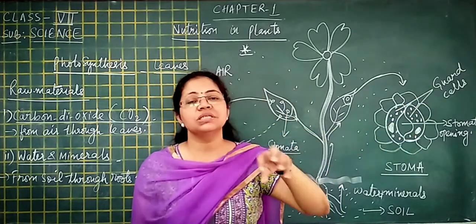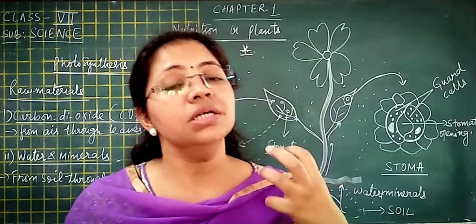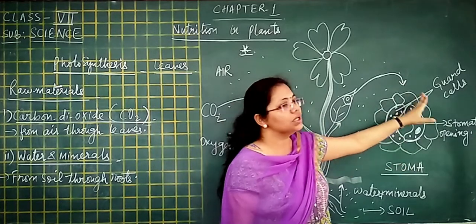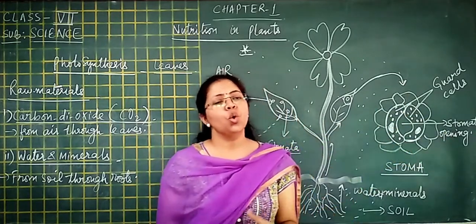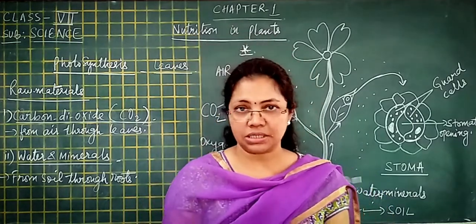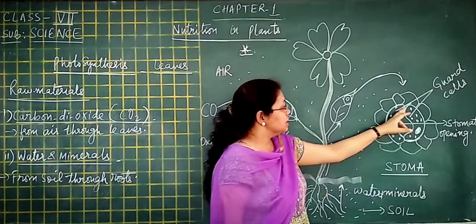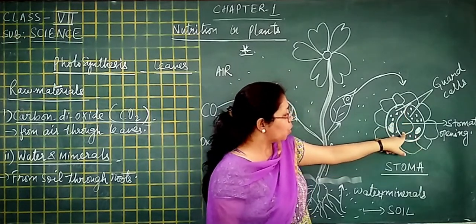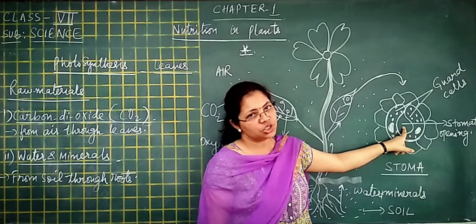These two bean-shaped cells, we call them guard cells. And surrounding these guard cells, we have another layer of cells known as subsidiary cells, about which you will learn in higher classes. These guard cells are basically guarding the opening and closing of the stomata.